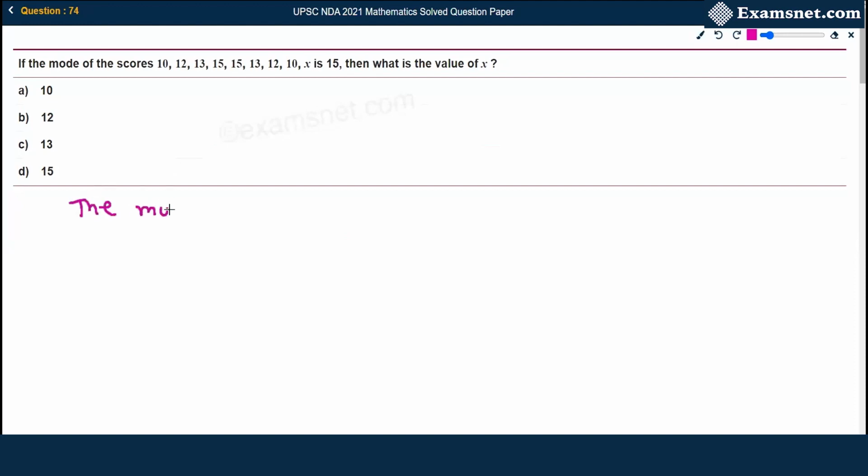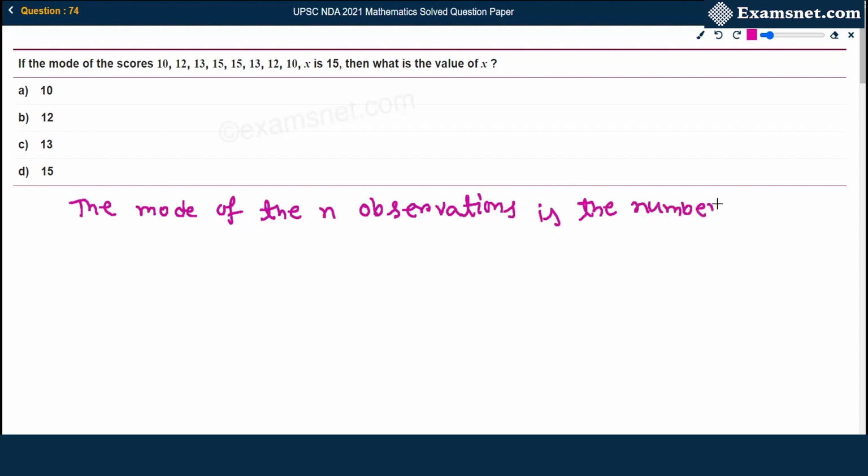The mode of the n observations is the number that has the highest frequency.